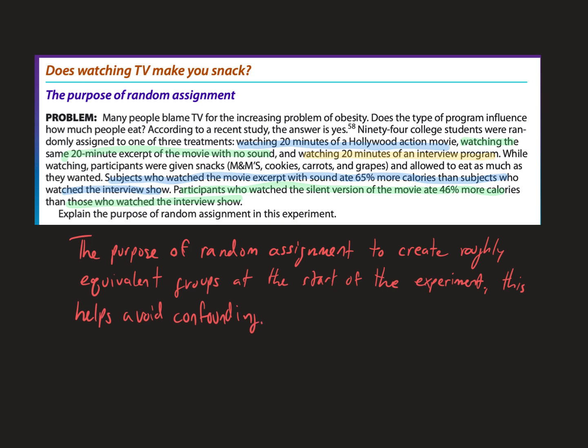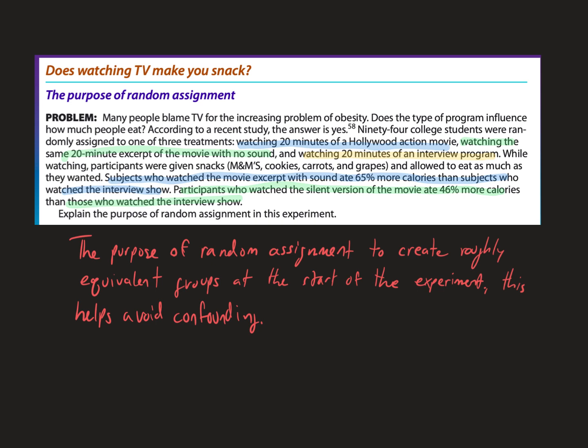So, these 94 people, they're not going to be the same size. They're not going to be the same amount of hunger that they came in with. This random assignment should help distribute those things throughout the different treatments.